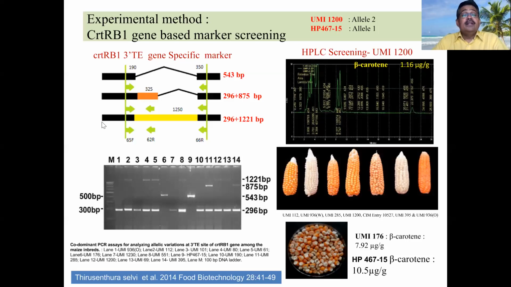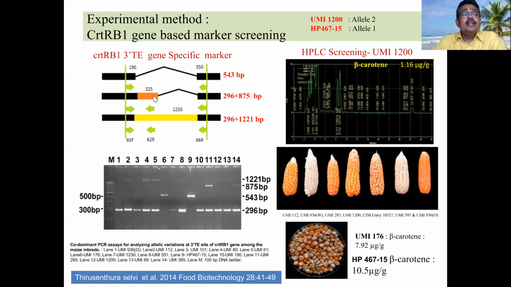For example, in this gene there is no insertion at all. When you do PCR with these three primers, if there is no insertion, the forward primer and reverse primer work and produce a 543 base pair PCR amplicon. Most of the donors which have high beta carotene have the 543 base pair allele.